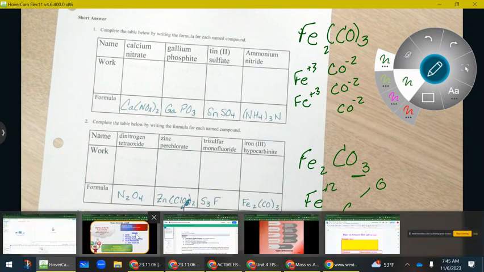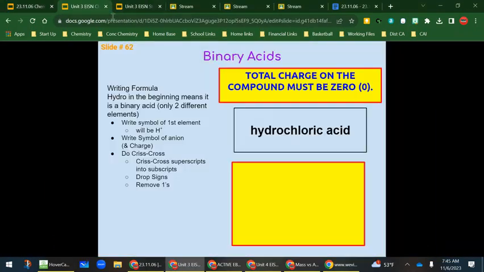All right. The other day we started talking about acids. How do we recognize an acid?